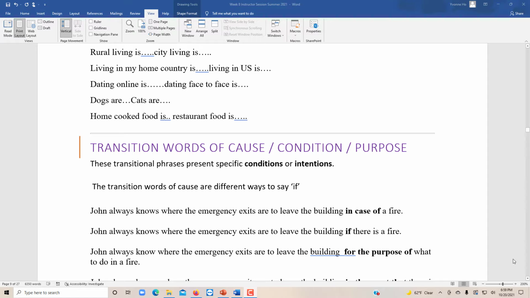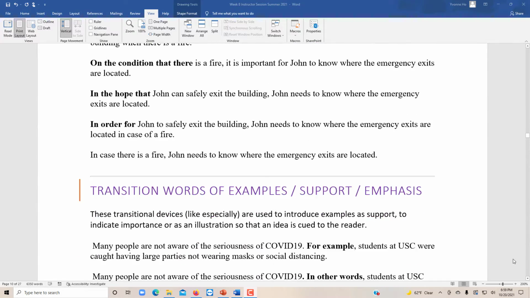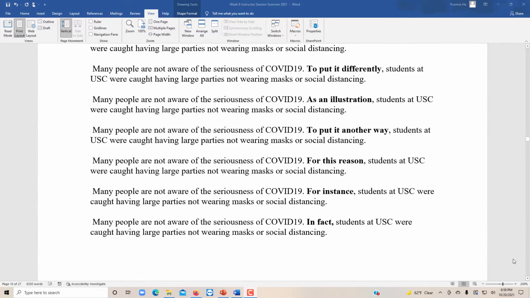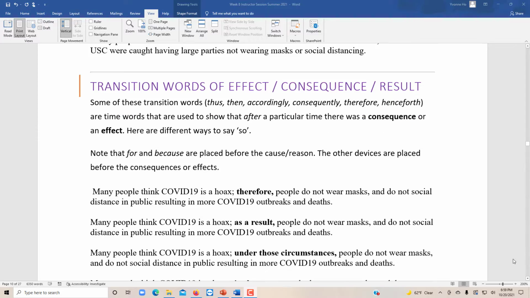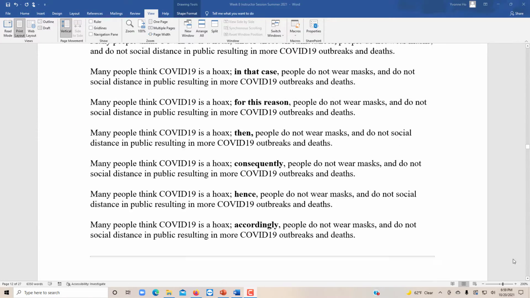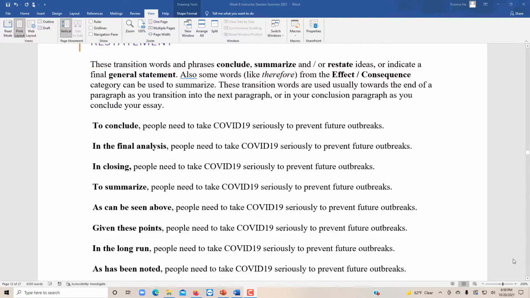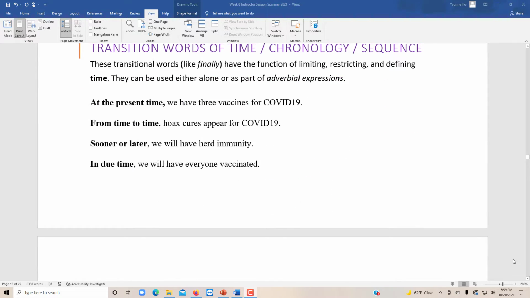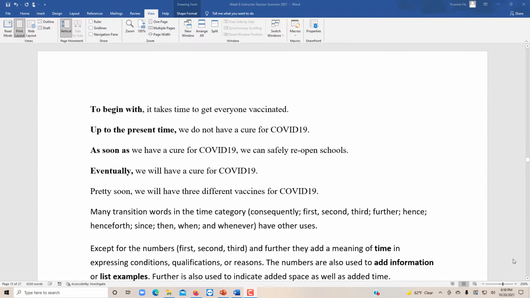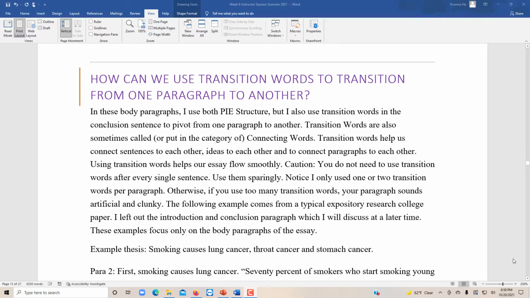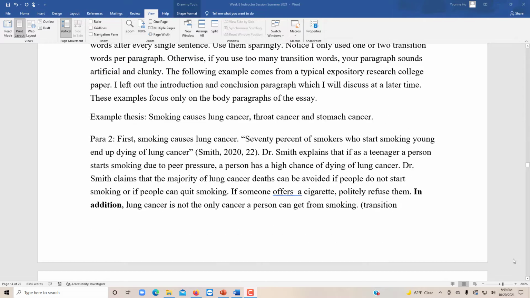So we're going to do transition words of cause, condition, and purpose, transition words of examples, transition words of consequence, transition words of conclusion, chronology, and sequence.